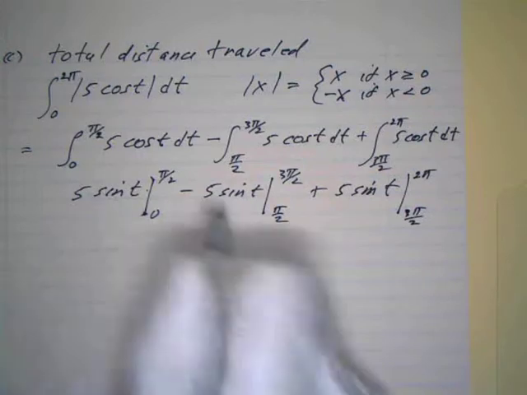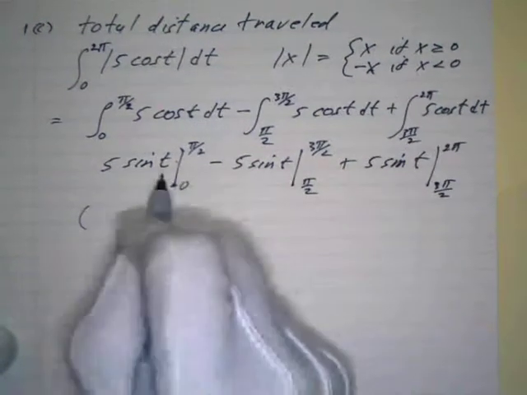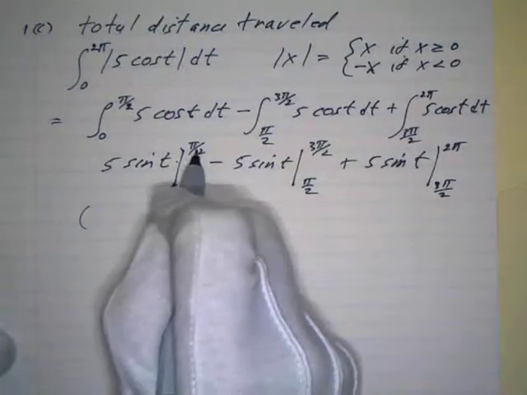So this first part, what's the sine of pi over 2? That's 1.